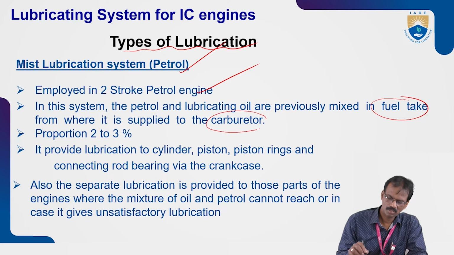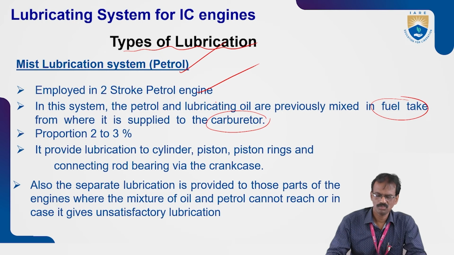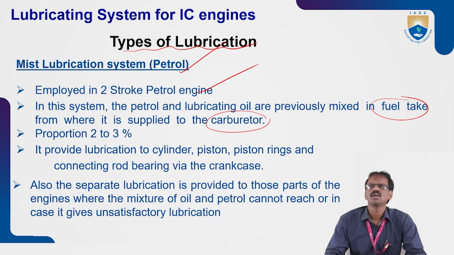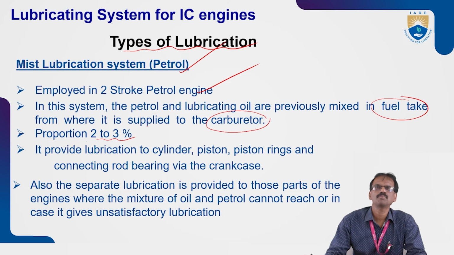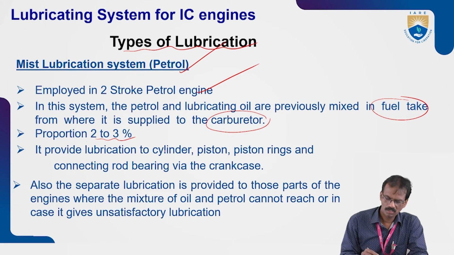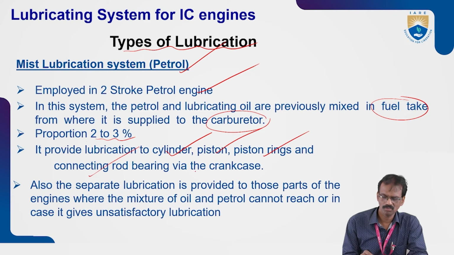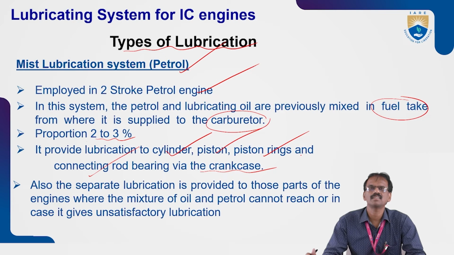Before coming to the carburetor, this oil is mixed with the fuel, petrol. The proportion is nearly 2 to 3%. It provides lubrication to the cylinder, piston rings, connecting rod, and bearings via the crankcase.